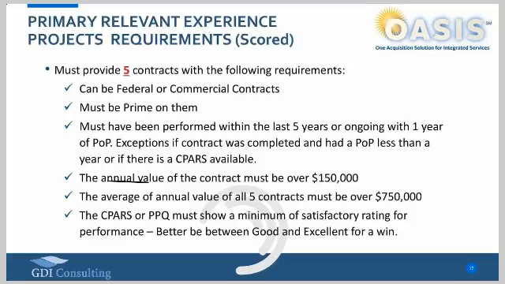In other words, it is true that you can use $100,000 or $250,000 contracts, but if you want the average of all the 5 to be around 750,000, then you would need a few contracts that are over 1 million or 2 million, so that the average of the 5 would be $750,000. So that's something that we should take into account.